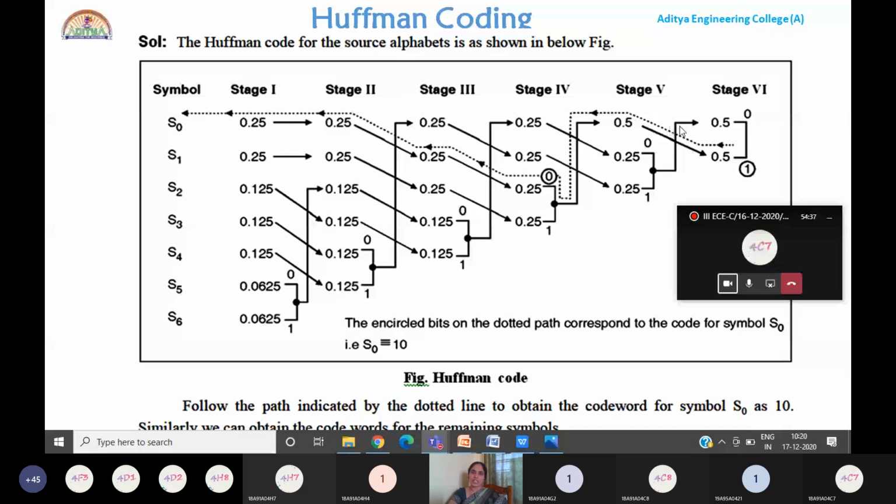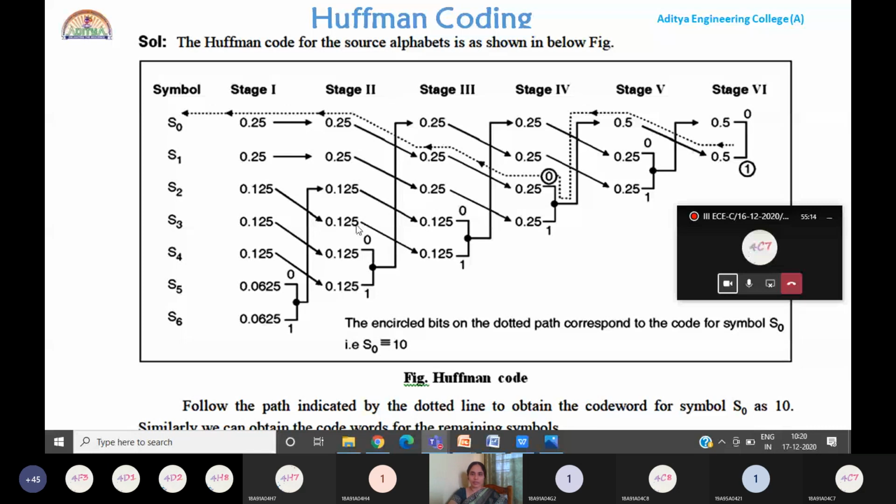This process will continue till the last reduction consists of two probabilities, because here M is 2. If M is 3, the process will continue till the last stage consists of 3 probabilities.